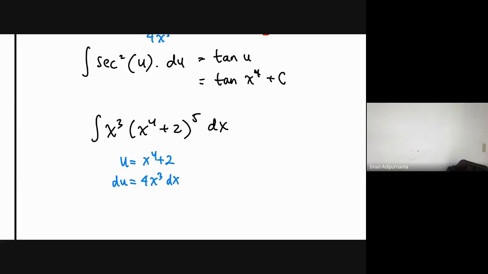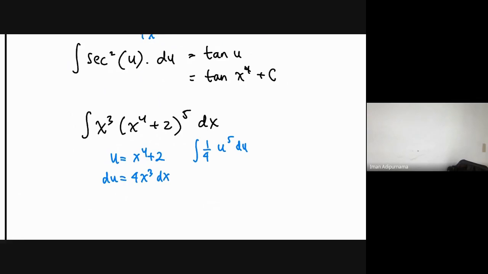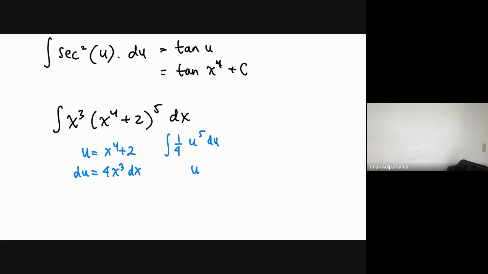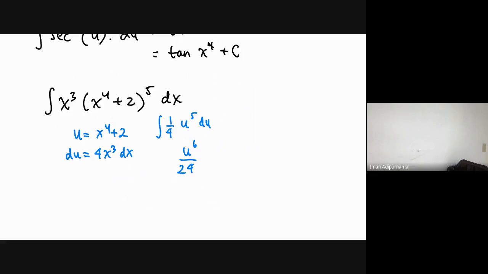This simplifies the form into u. So let's say we have the integration of 1 over 4 u to the 5 du, and we can easily integrate this. It becomes u to the 6 over 24, right? And it will be (x to the 4 plus 2) to the 6 over 24 plus c.